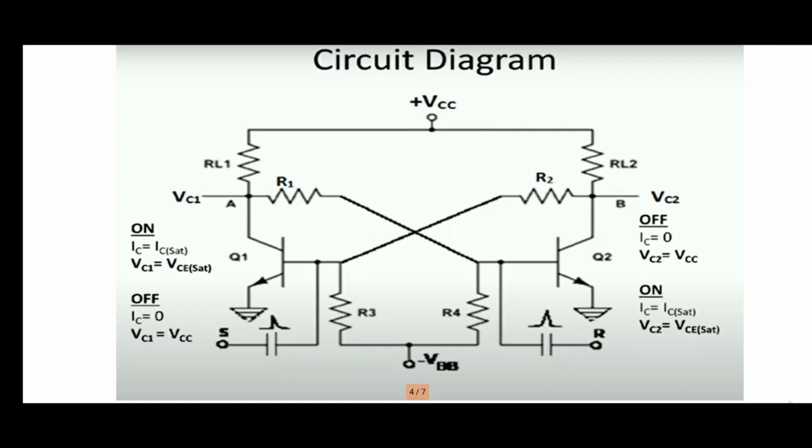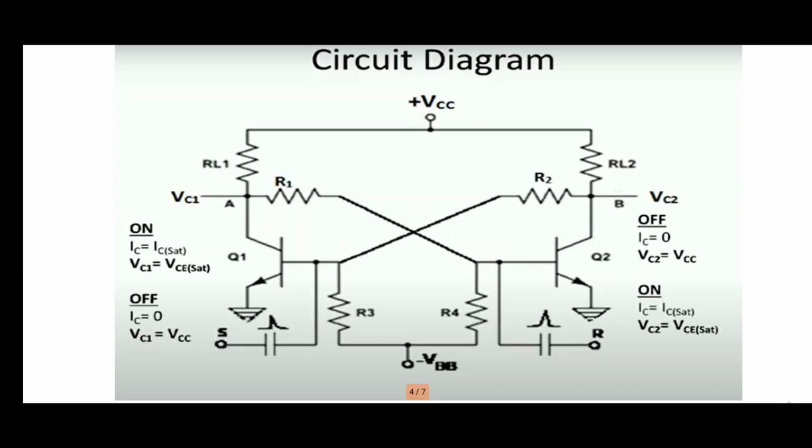Now this is the circuit diagram of the bistable multivibrator. Let me explain the concept. Here we are using two transistors Q1 and Q2, which are cross coupled. Q1 is the first transistor and Q2 is the second transistor. Both are identical NPN transistors connected as cross coupled.